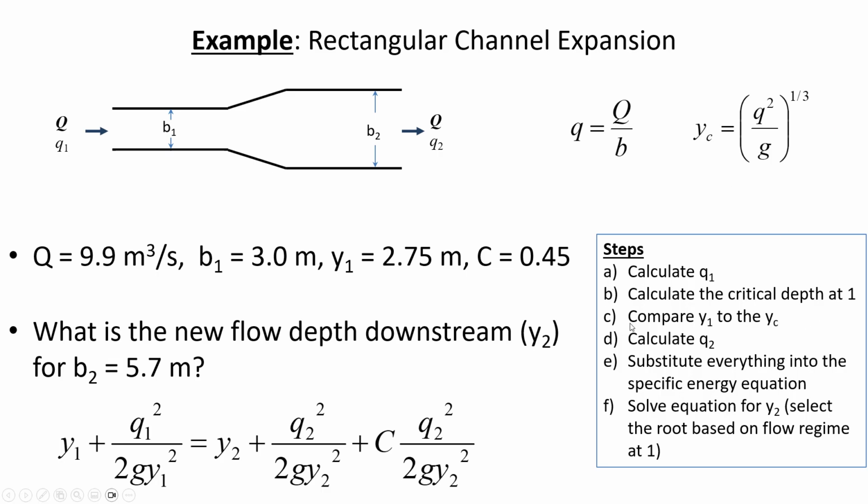And then part C says to compare the flow depth to the critical depth, because that's an easy way for us to determine the flow regime, which is to say whether conditions are subcritical or supercritical. Then calculate the flow per unit width at 2 and substitute everything into this equation at the bottom.